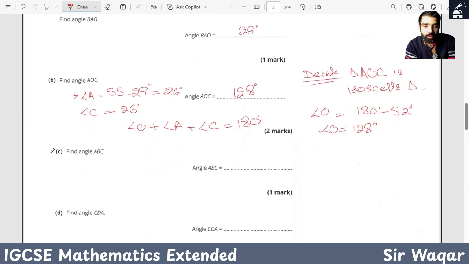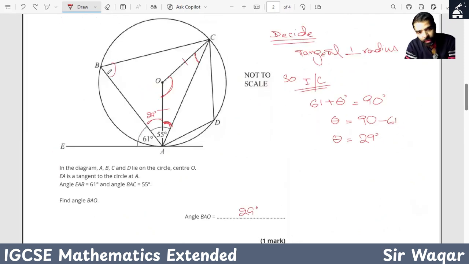In the next part, we have to find angle ABC. Angle ABC is this angle at B in triangle ABC. Or you can consider that AC is an arc that subtends the angle at the center and also on the circle at point B. We will use the property that an arc that subtends an angle at the center is twice the angle it subtends anywhere on the circle.